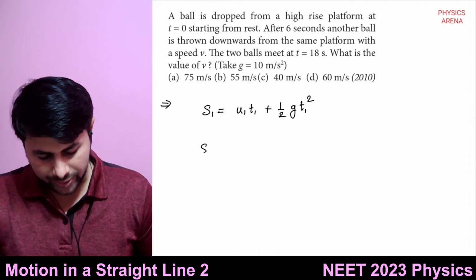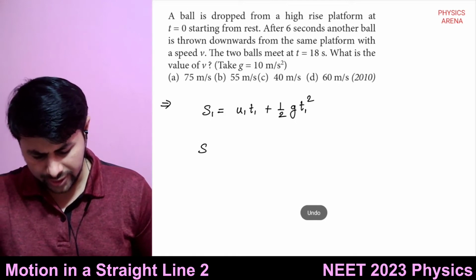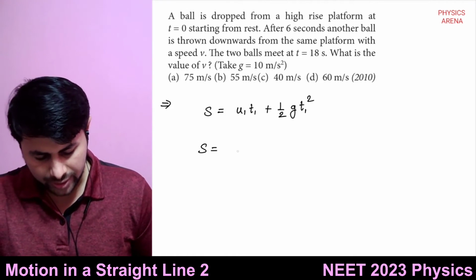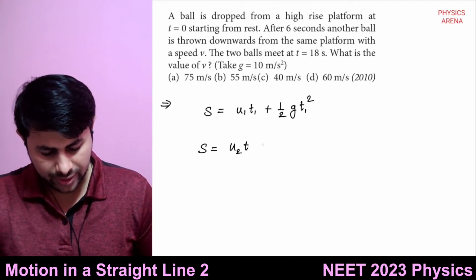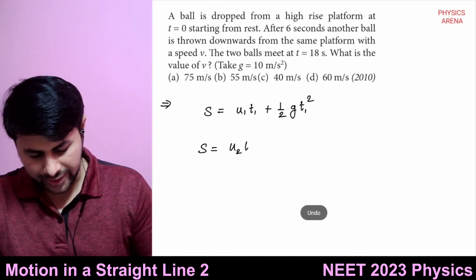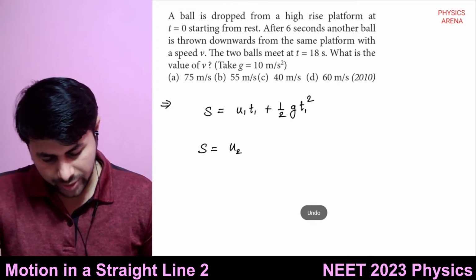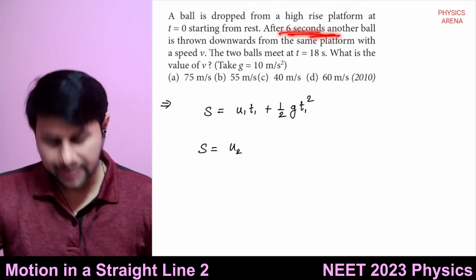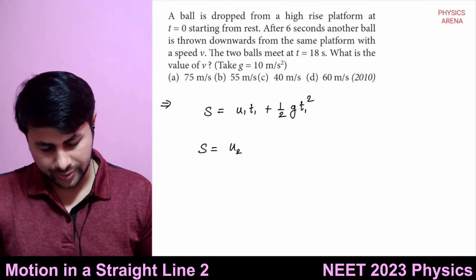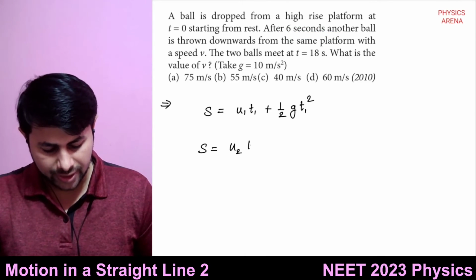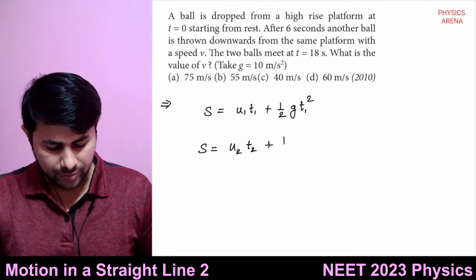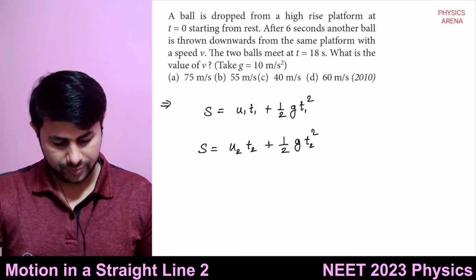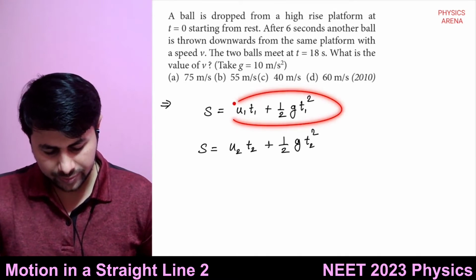And for the second ball, it is u2 times t2 plus half of g multiplied by t2 square, where t2 is the time after the second ball is dropped, 6 seconds after the first. So you can equate these two.